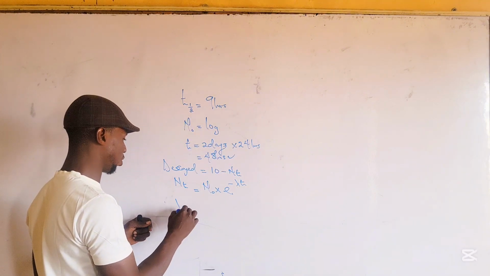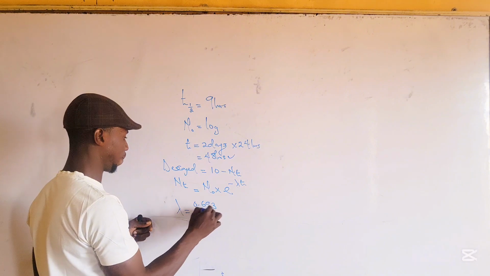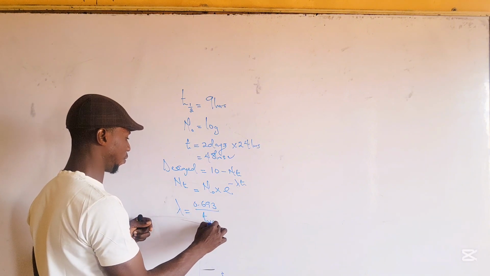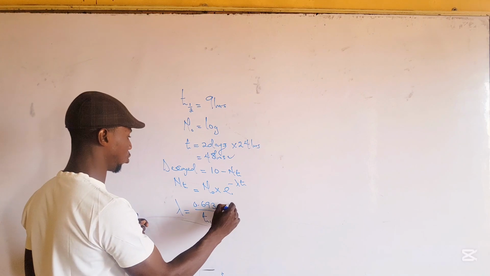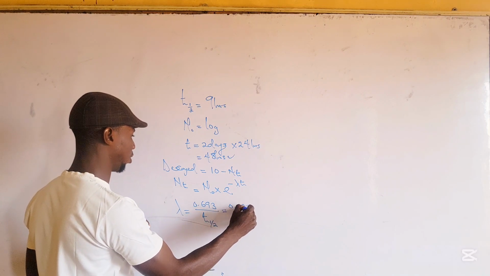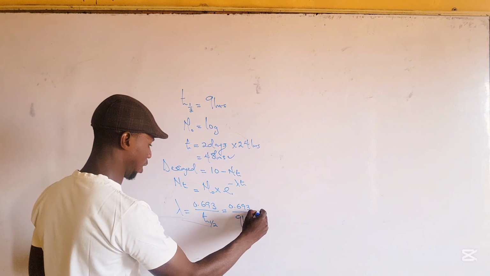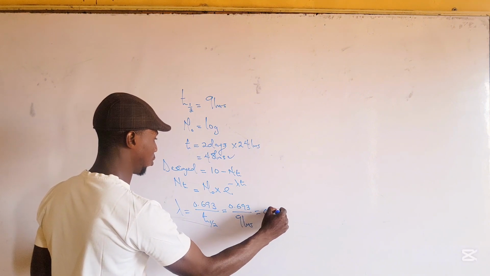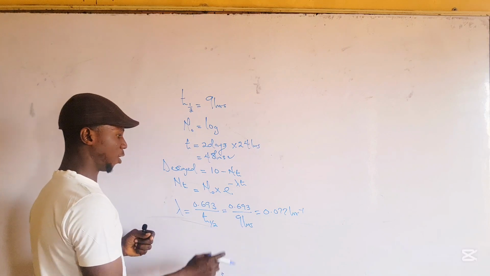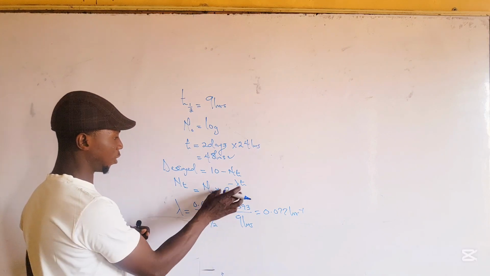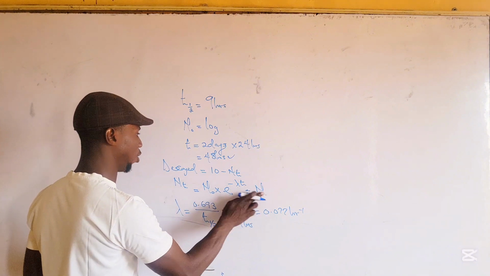So lambda now is equals to 0.693 divided by T half. Our T half is given to be 9 hours. So it's equals to 0.693 divided by 9 hours, and that will give us 0.077 per hour. That's our lambda.